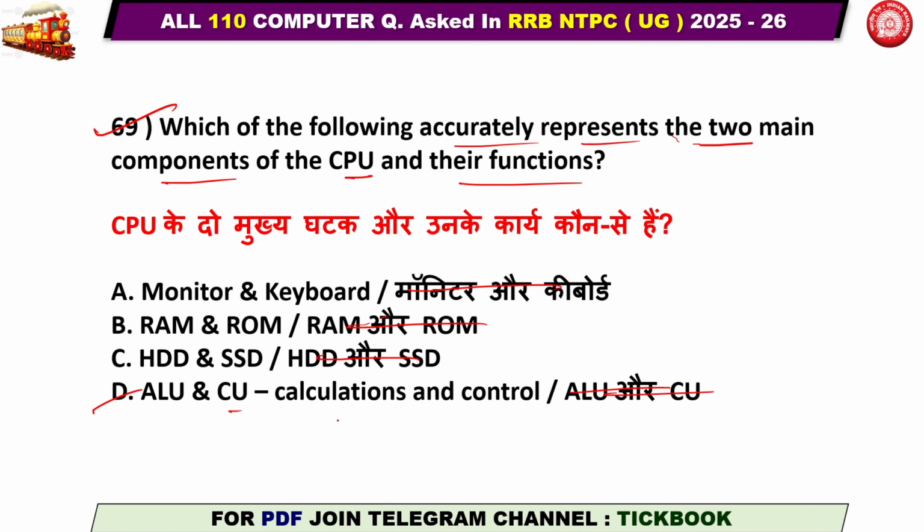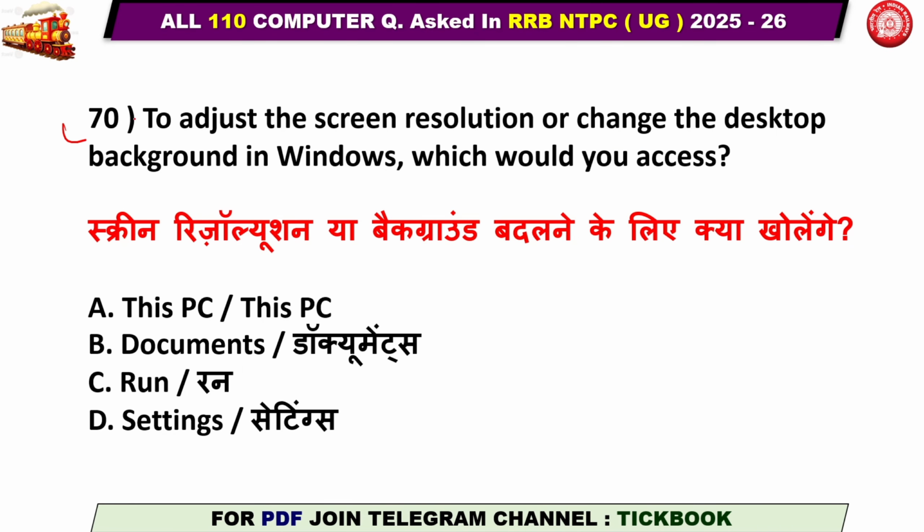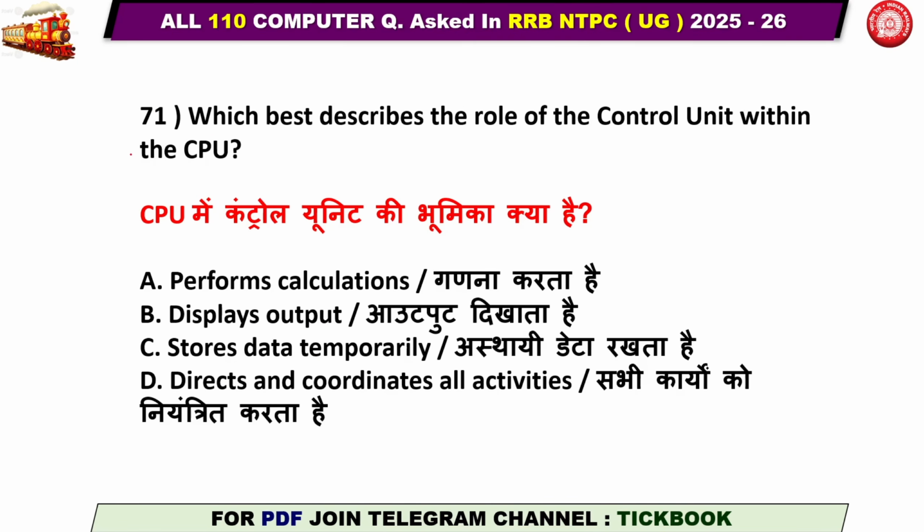ALU and CU, calculations and control. 70. To adjust the screen resolution or change the desktop background in Windows, which would you access? Option number D, settings. 71. Which best describes the role of the control unit within the CPU?